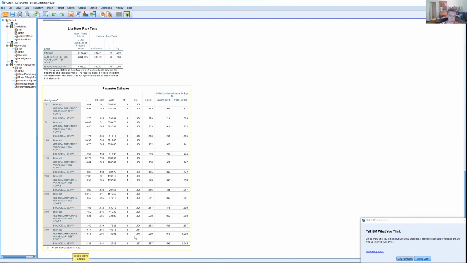The effect of the picture vocabulary test is also still significant, but it also has what's called diminishing returns. So what you see here is a non-linear effect of the picture vocabulary test and a non-linear effect of gender on good grades, because it's shrinking as we get to higher and higher levels of the good grade scale.